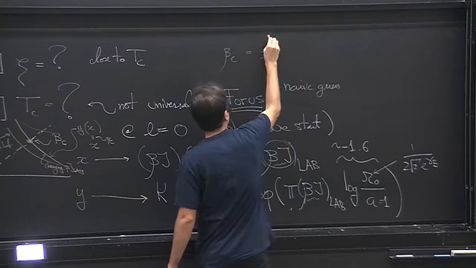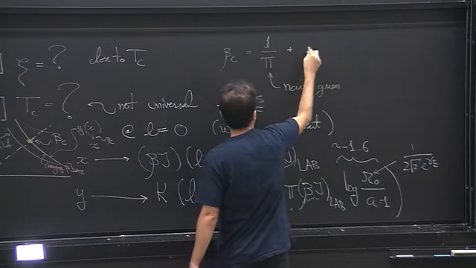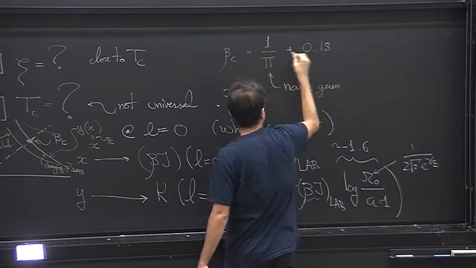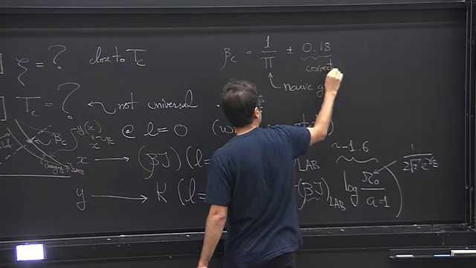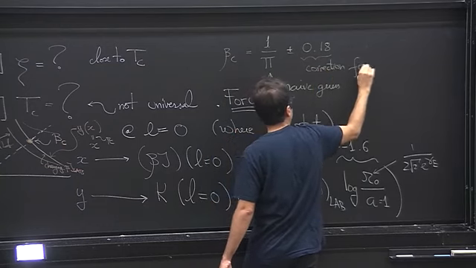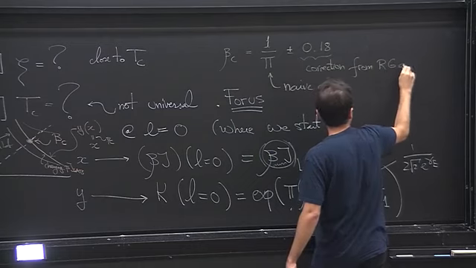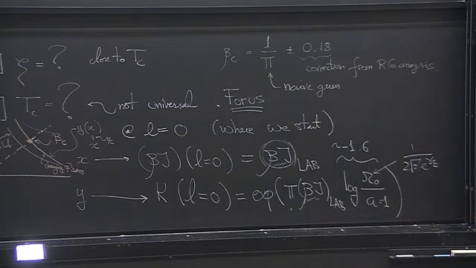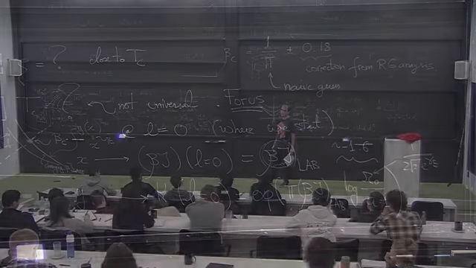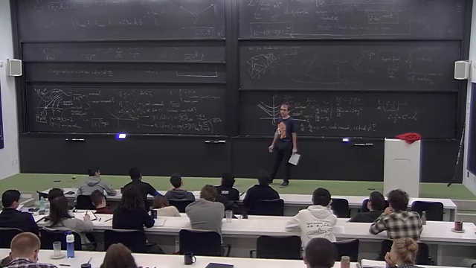If you solve this equation, you get something like 0.18, or I forgot exactly. This would be a small correction from this RG analysis. And if you do the Monte Carlo problem that Lauren prepared for you, you will find a value that is much closer to the RG corrected value than to the naive guess.